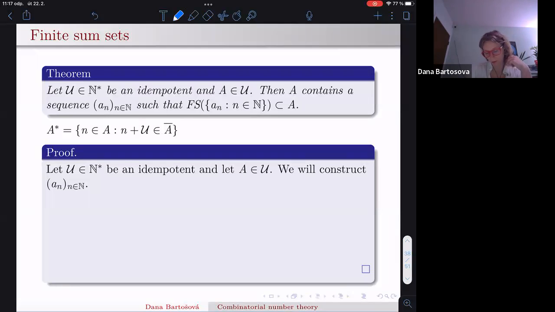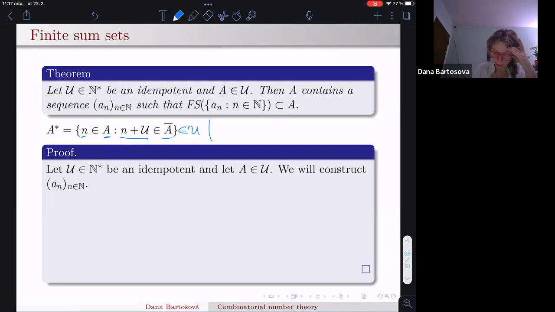And I'm going to use this notation A star that is going to specify all n's outside of my set A such that n plus u is in the neighborhood specified by A. This really makes sense for idempotence rather than for anything else, because we are going to use that this is also in U, right?